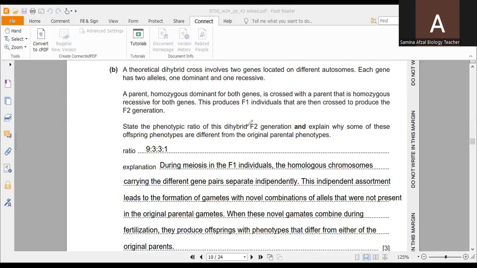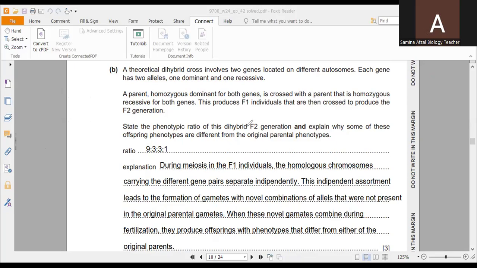But in this case, there is a dihybrid cross, so two genes are involved. Due to two genes, instead of 4 it will be 16, and the ratio among them will be 9:3:3:1.